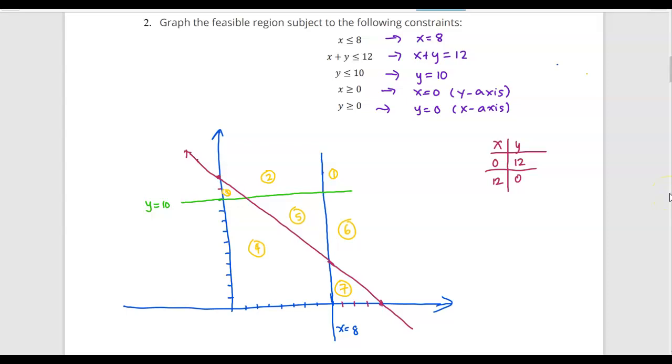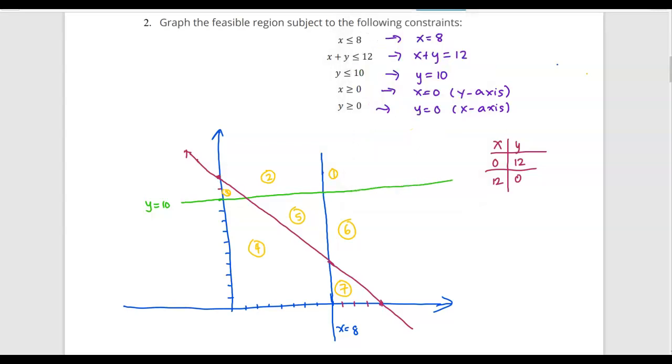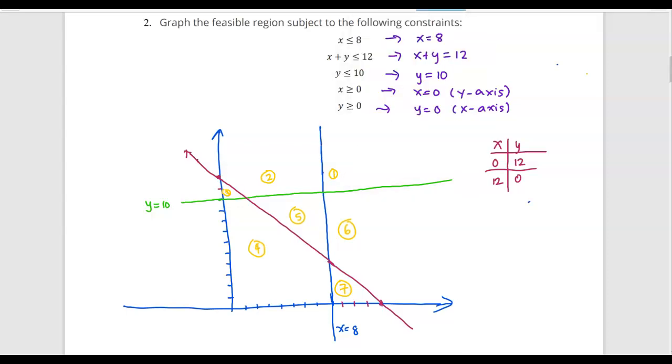Let me extend this line and this line here so we could easily see it. So there we go. These are all the regions.